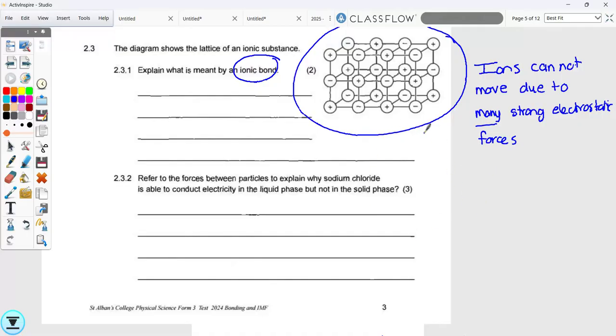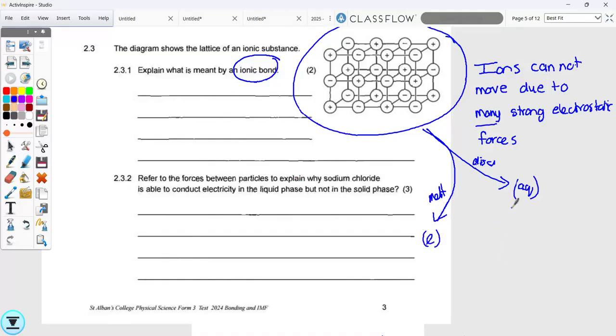But then there's two ways. We actually did two ways in which you can make them conduct. Dissolving. You can dissolve them. If you dissolve them, they become aqueous. Or you can melt, and then they become a liquid.